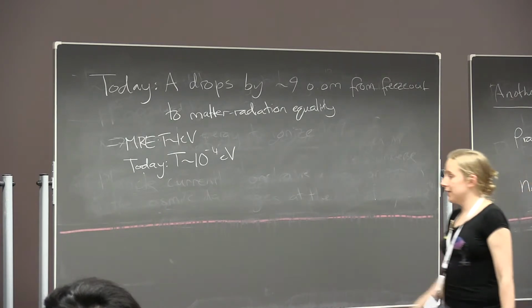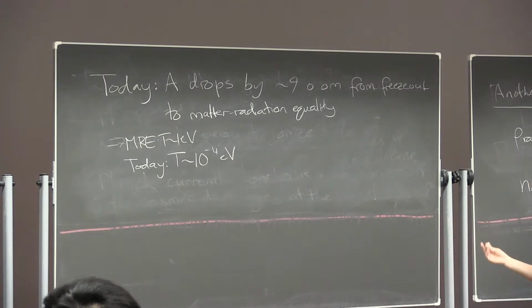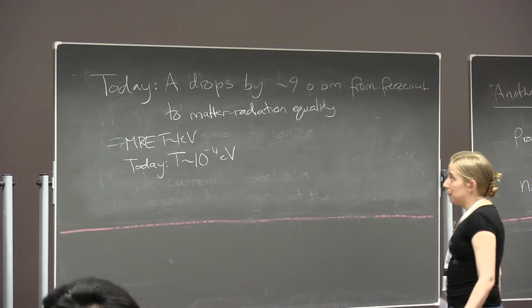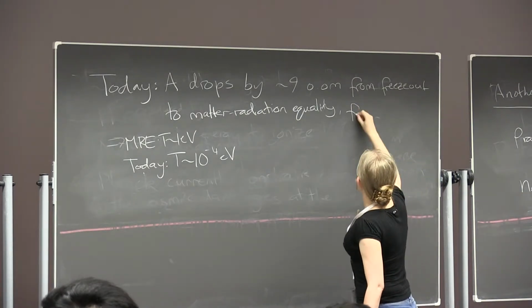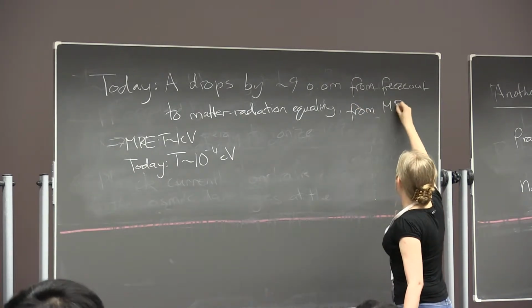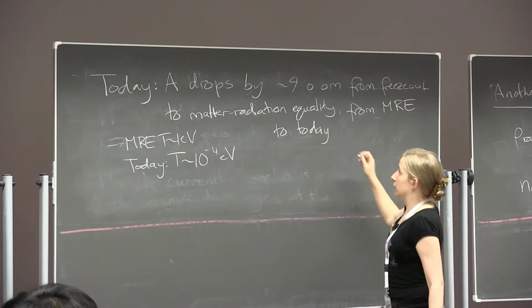During the matter-dominated epoch, I'm leaving out the little dark energy-dominated epoch at the end, but during the matter-dominated epoch, this rate scales like A to the minus 1.5. So from matter radiation equality to today, this rate drops by another 6 orders of magnitude.